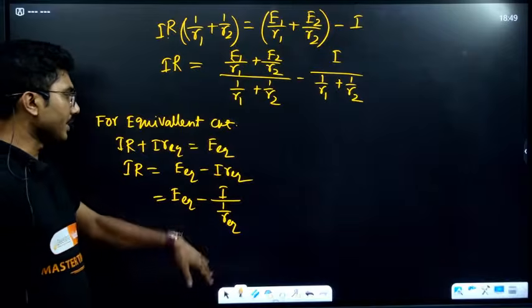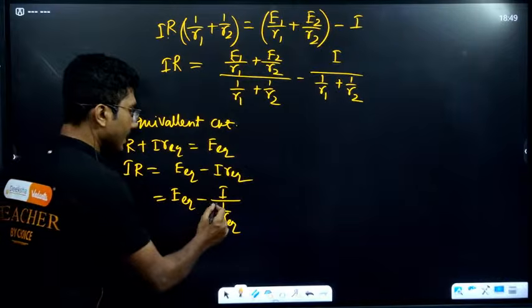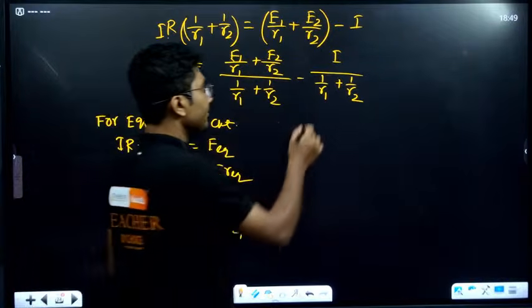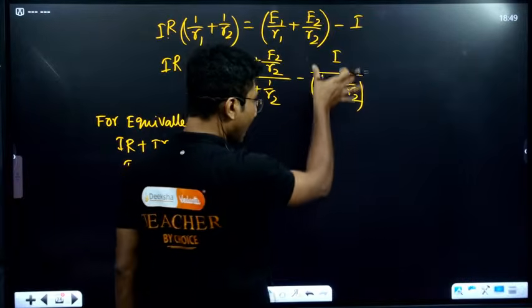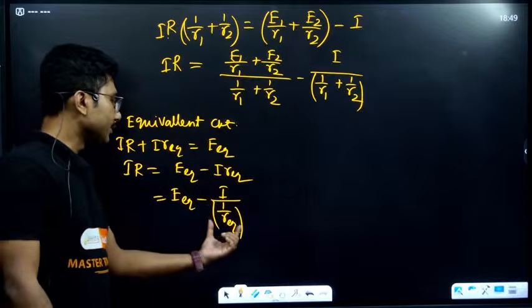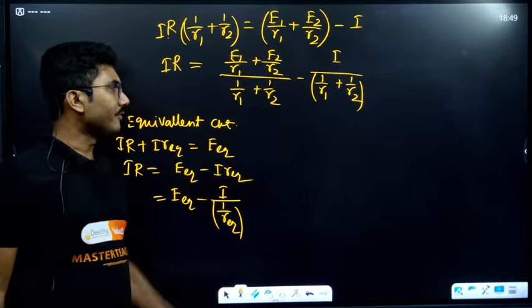Right? Division of division is multiplication. Why have we written it like this? Because here, if you see, the I is on the top and the resistance is in the division. Just to match these two, we have written it like this.